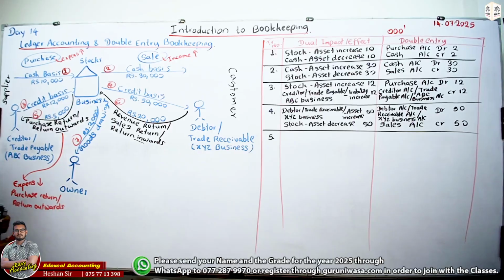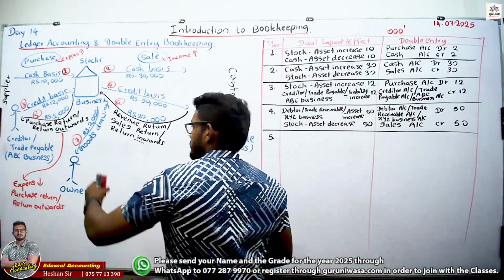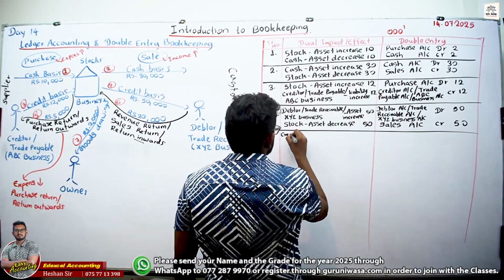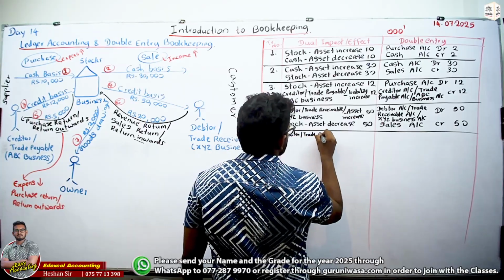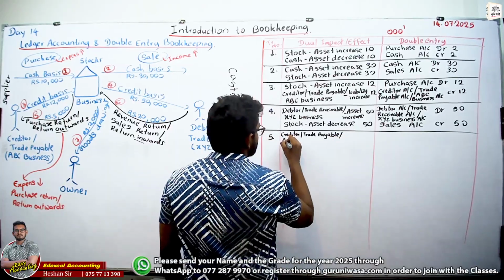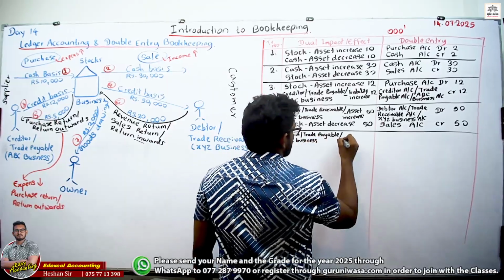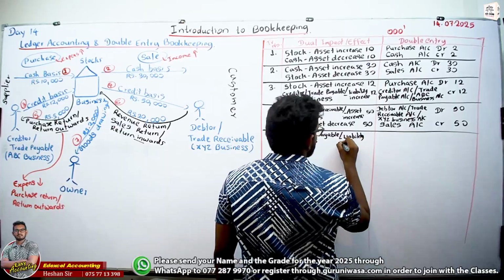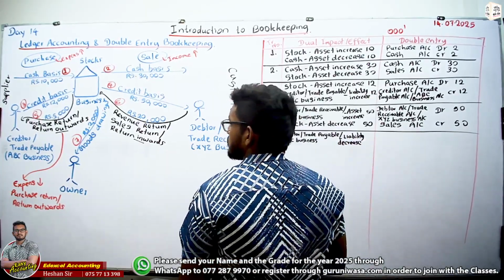Understand? For an example, when we return the goods to the creditors, creditor or trade payable or ABC business, liability decrease by rupees 5,000.